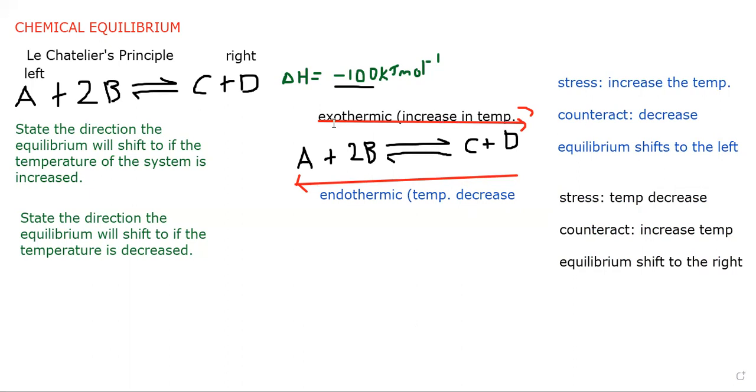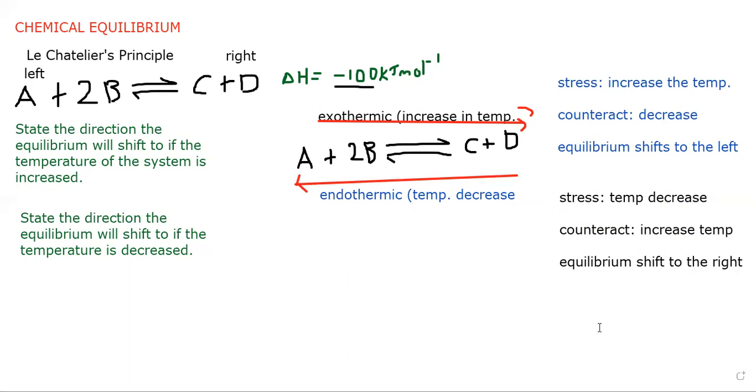Because if the forward reaction, which goes to the right, is favored, it's an exothermic process, and any exothermic reaction means there will be an increase in temperature. And so that is it for temperature.